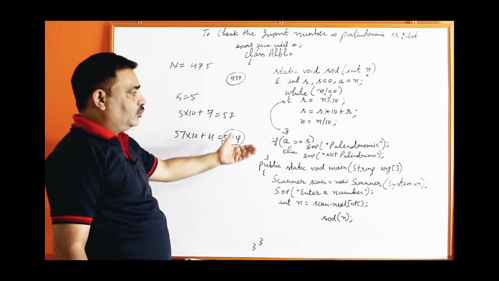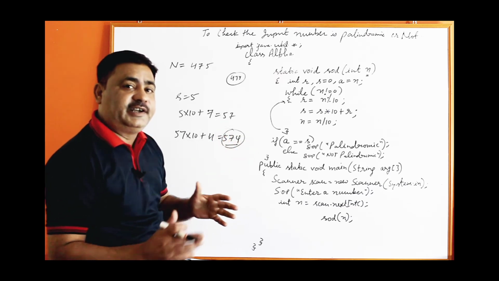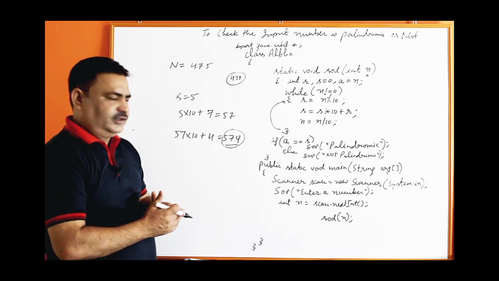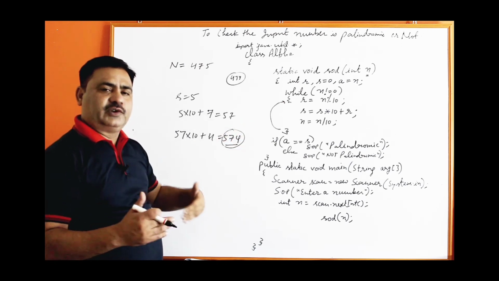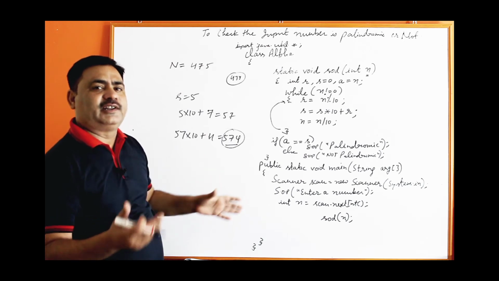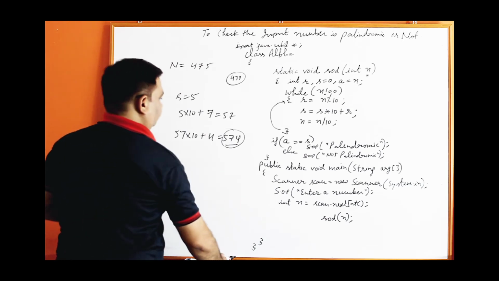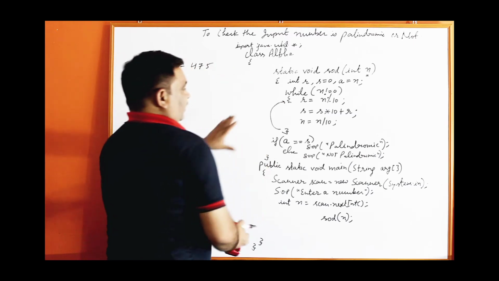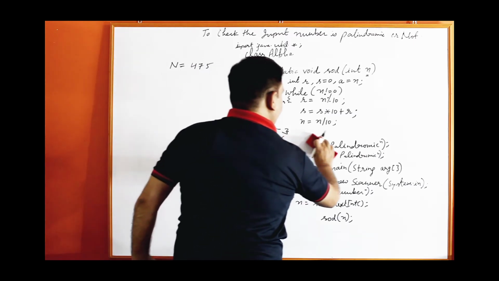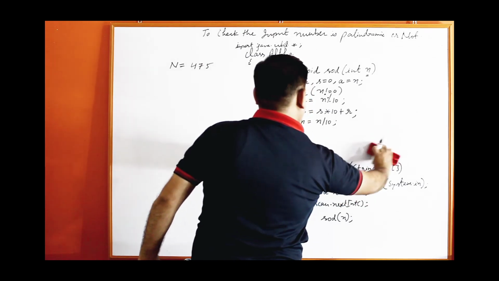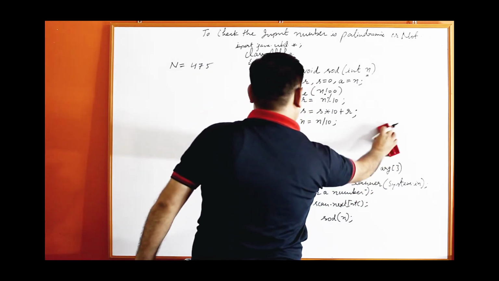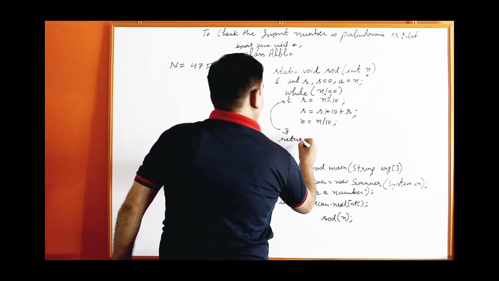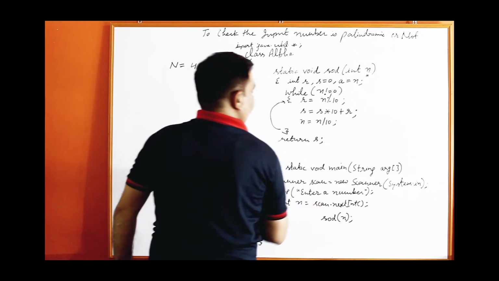In the same way, you can make this program in a different way using a return statement. This is complete. I am just going to explain a different method. In place of printing the palindromic number here, I am just writing return s.